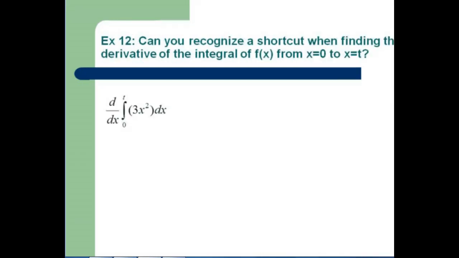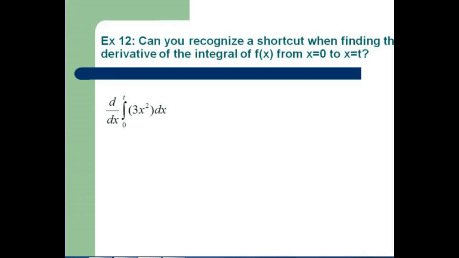How about this one? Can you recognize a shortcut when finding the derivative of the integral f of x from 0 to t of d dx of 0 to t 3x squared dx? What's funny is they changed the bounds up on you, right? Before you always had f of t dt, and we had 0 to x.